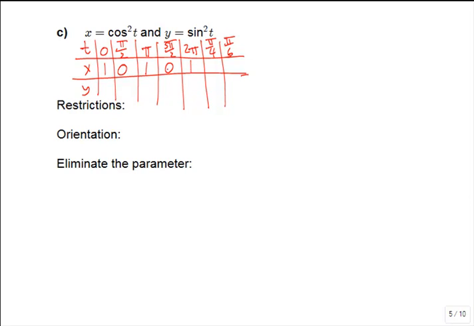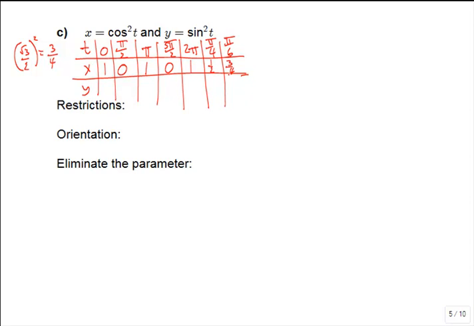So it looks like we're just bouncing back and forth, but if we look at some of these smaller angles, like pi over 4, cosine of pi over 4 is root 2 over 2, and if you square that, that becomes 2/4 or 1/2. If I look at pi over 6, cosine of pi over 6 is root 3 over 2, so if I square that, that gives me 3 on top and 4 on the bottom, so 3/4.